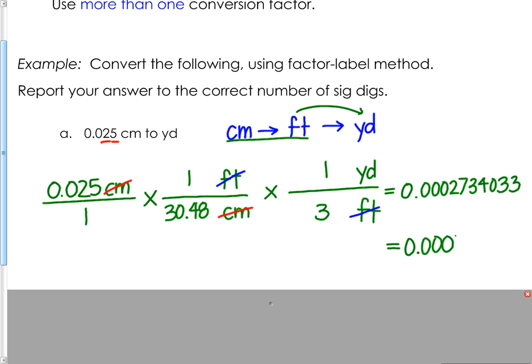I could write that as 0.00027 with 2 sig digs, and the label would be yards. If I wanted to, I could rewrite that in scientific notation, 2.7 times 10 to the negative 4th yards, but you don't have to in this case.